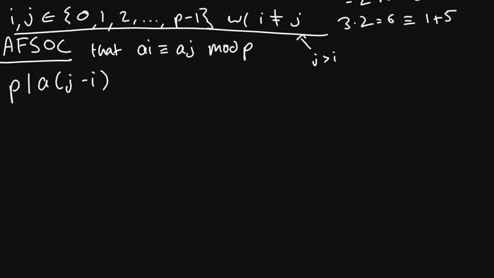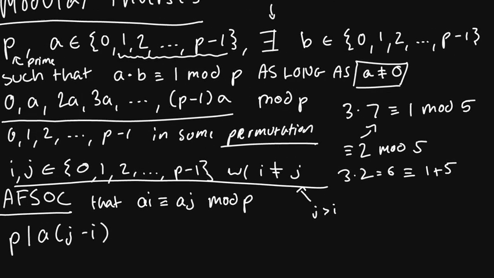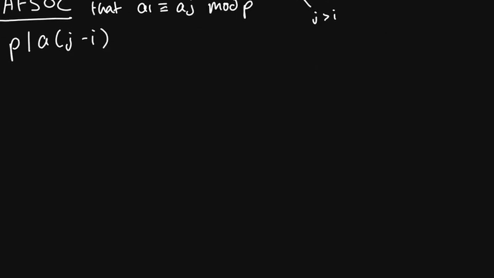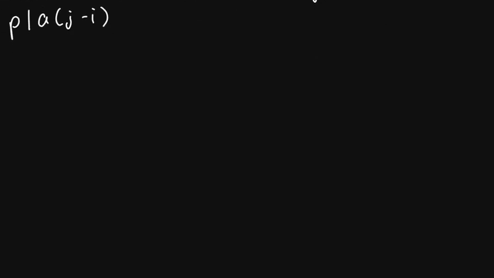So we know that from the fact that we chose a from these numbers right here, excluding 0, right? Since we chose a from those numbers, we know that p is relatively prime to a. And since p must divide this quantity, a times the quantity (j minus i), we know that it implies that p divides j minus i. Or in other words, j is congruent to i mod p.